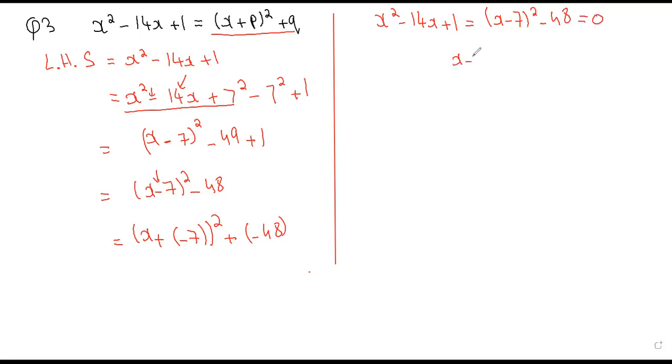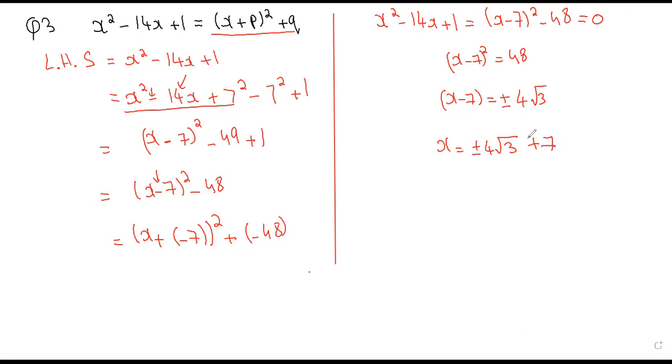Now it would be (x minus 7) squared equals 48, and it is going to be x minus 7. I'll take square root on both sides. So under the root, 48 would become plus minus 4 under the root 3, and it is x equals plus minus 4 under the root 3 plus 7.